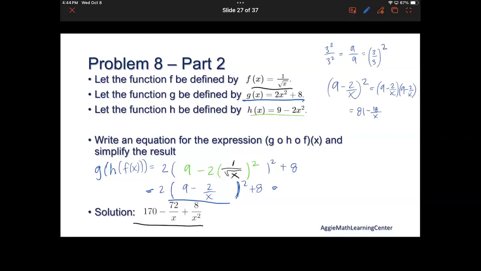And same deal, negative 2 over x times 9 is negative 18 over x. And negative 2 over x times negative 2 over x is positive 4 over x squared. Okay, so that can come down to 3 terms. What's 9 times 4? 36? Okay.